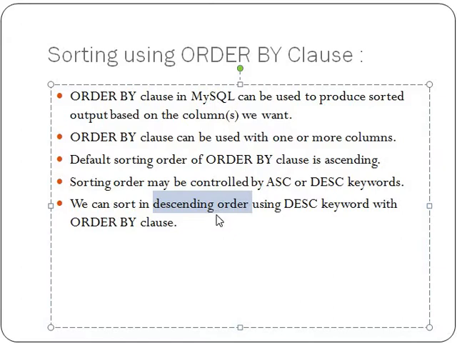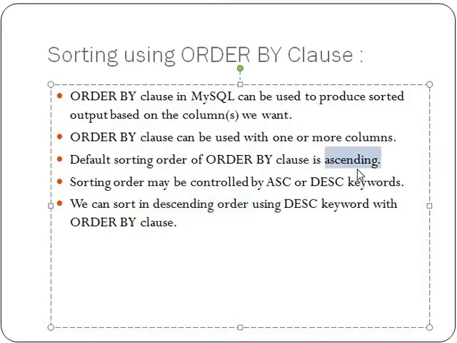So it will be in the sequence Z, Y, X, and so on, and it ends at A. As a result, in ascending order the alphabetical series is arranged from A to Z, whereas in descending order it is arranged from Z to A.